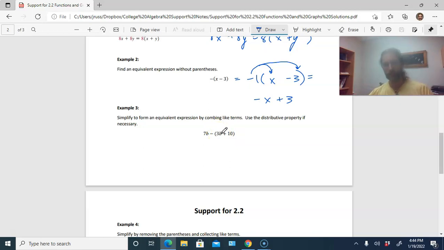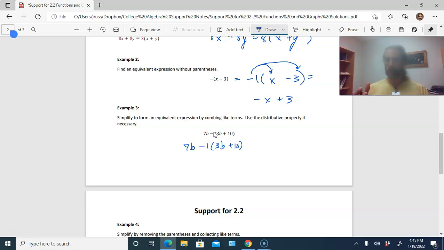It's trapped in those parentheses, so somehow I need to free it. So what I'm going to do is use the distributive property. But the issue again is I'm not distributing the 7b, I'm distributing the negative 1 that's understood to be here. Okay, so I'm going to rewrite this. 7b minus, I'll put my little understood 1 there. And then plus 10.